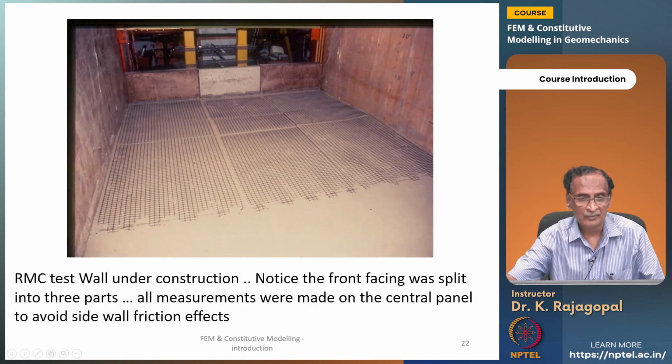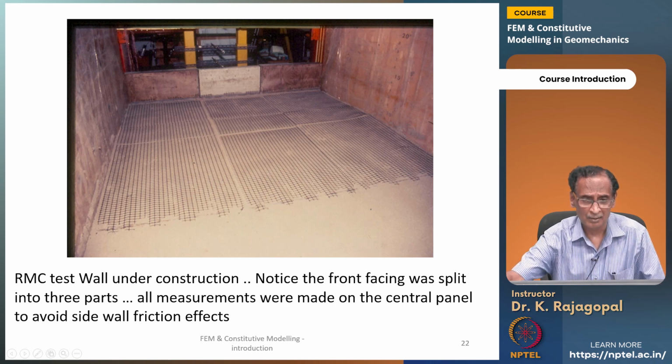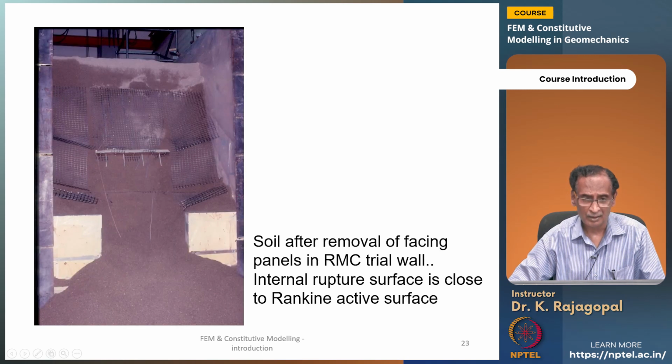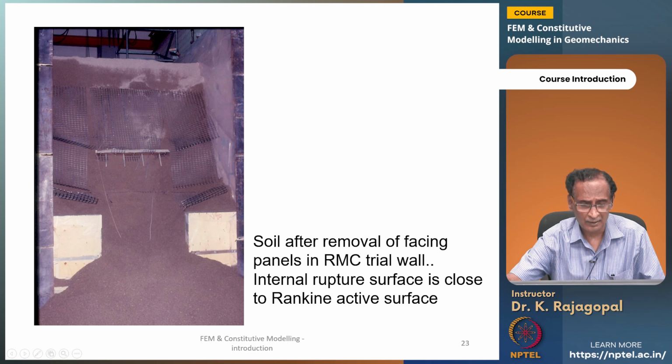Actually, you can see some length of reinforcement, and then on the front facing there are some panels that are provided during the construction, and after the full construction was over, these panels were removed to look at the internal rupture surface and whether the soil will stand on its own and so on.